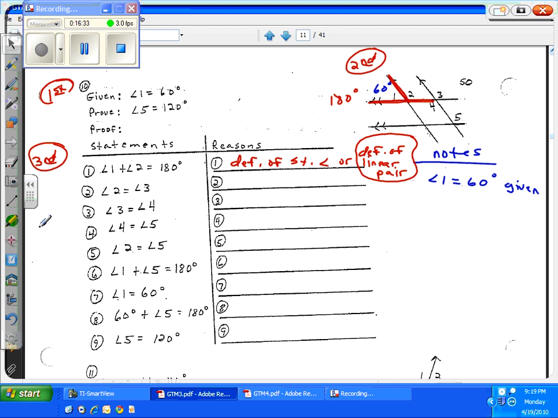We go to the next reason, angle 2 is equal to angle 3. So we look in the given. Does it say that in the given? Nope. So it's not given. So we go to the diagram. In the diagram, can we see that angle 2 is equal to angle 3? Well, they make the letter F. Do we know the lines are parallel?